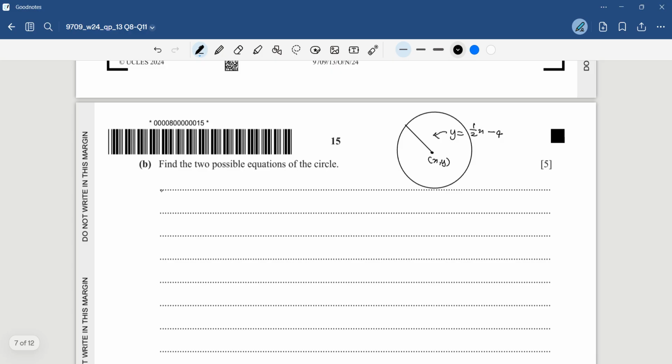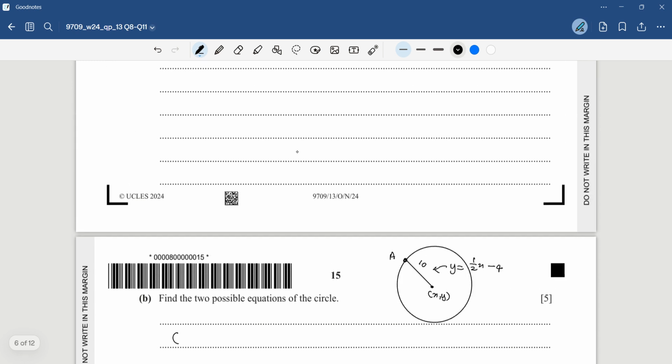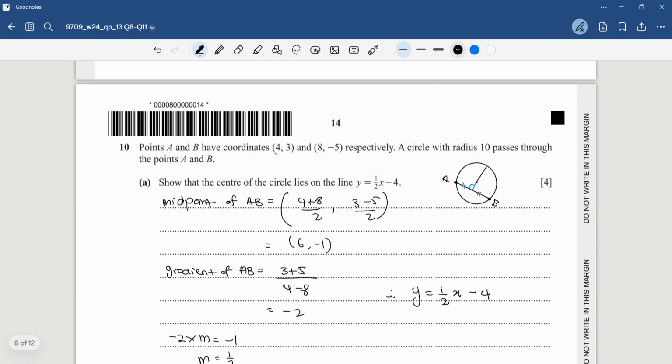So what we can do, we just calculate this point. I assume it to be A, and the radius is 10. So my A coordinate will be (4, 3).